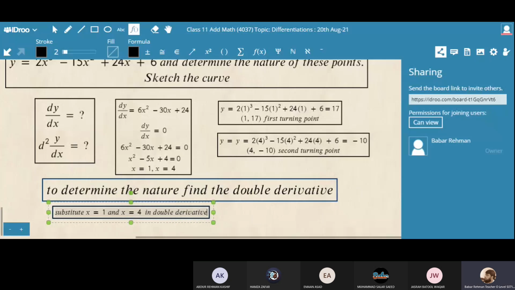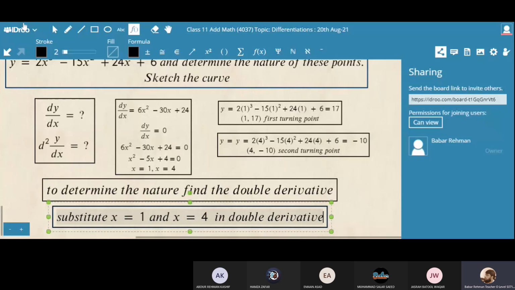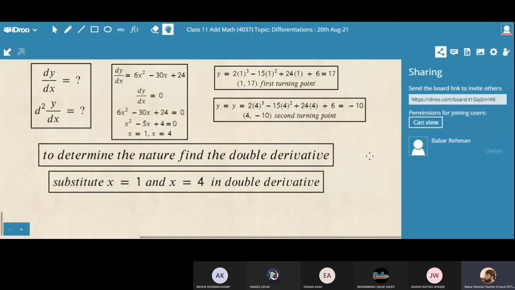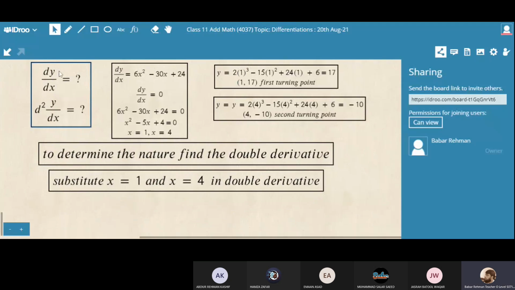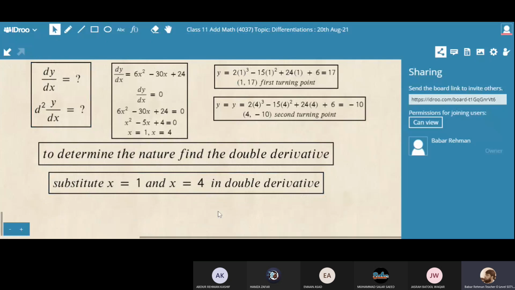Hurry up. Substitute x is equal to 1 and x is equal to 4 in the double derivative.